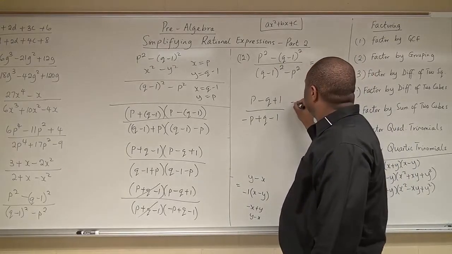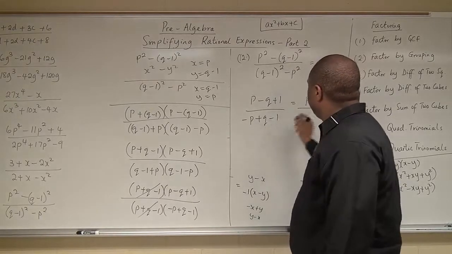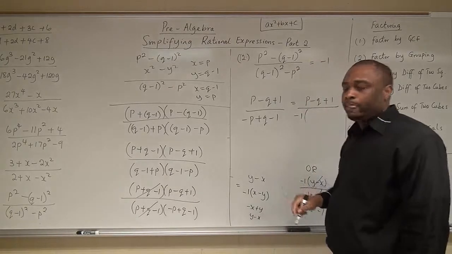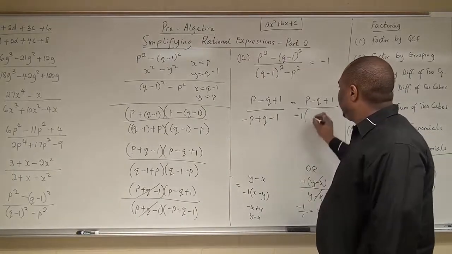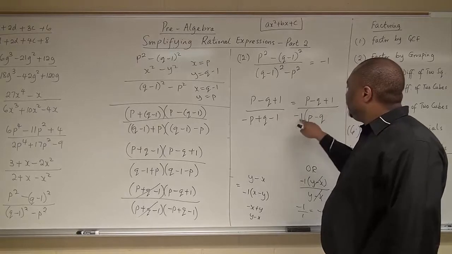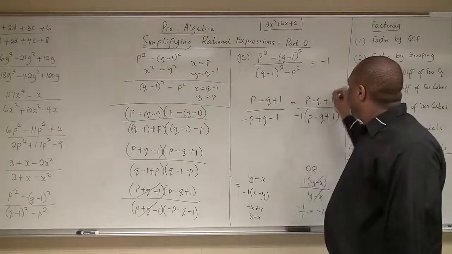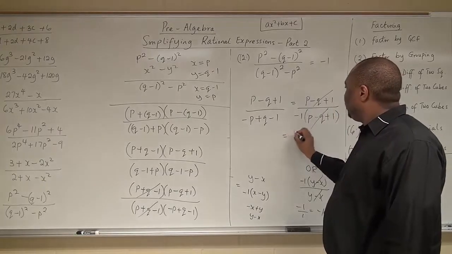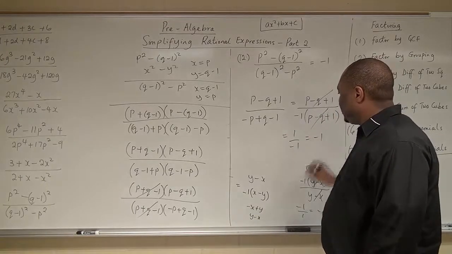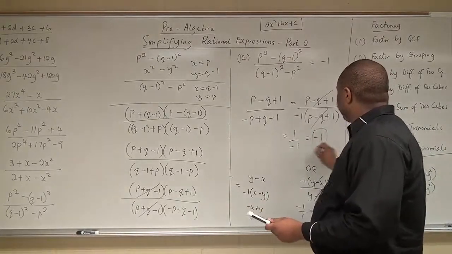So this gives us p minus q plus 1 all over, factor out the negative 1. Negative p divided by negative 1 is p. Q divided by negative 1, negative q. Negative 1 divided by negative 1, plus 1. We have this plus 1. And we have 1 divided by negative 1. That is negative 1. This becomes the answer.